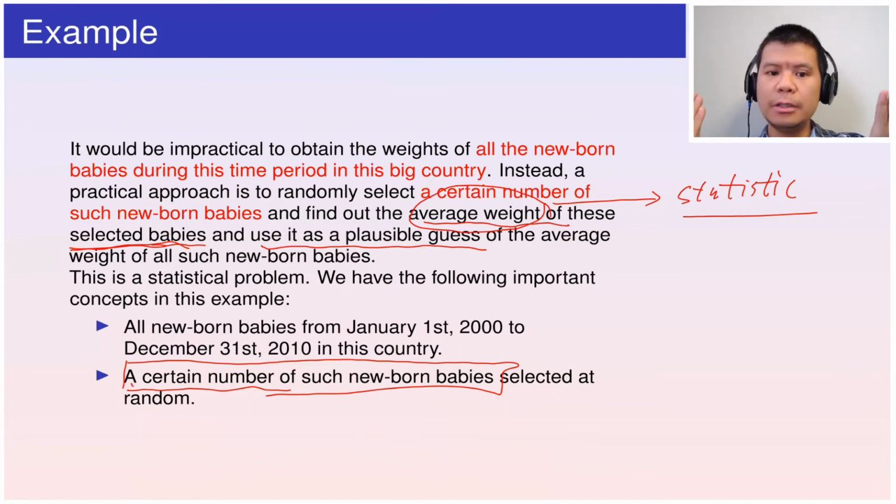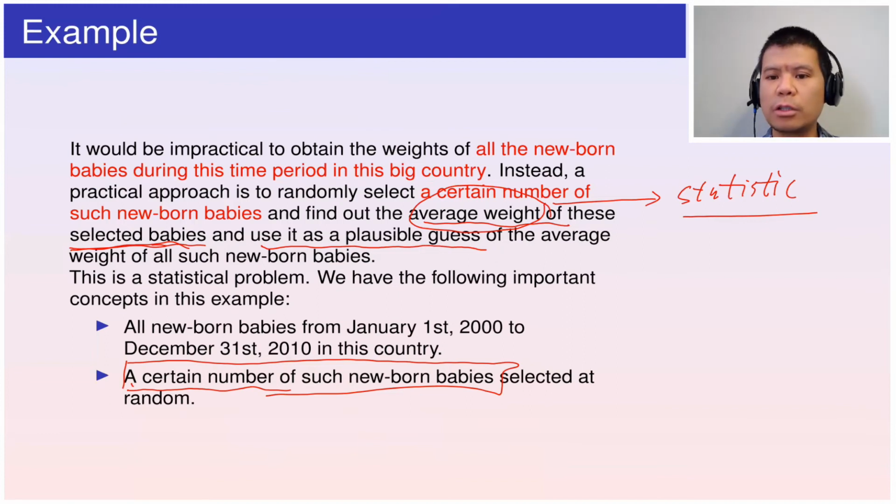You see, this is the difference. We are using something known about the sample to make a prediction, to make some inferences about something unknown about the population. This is called inferential statistics.